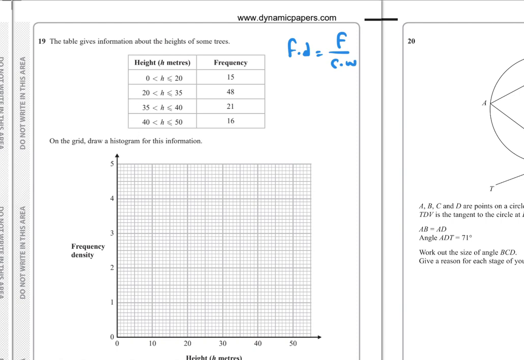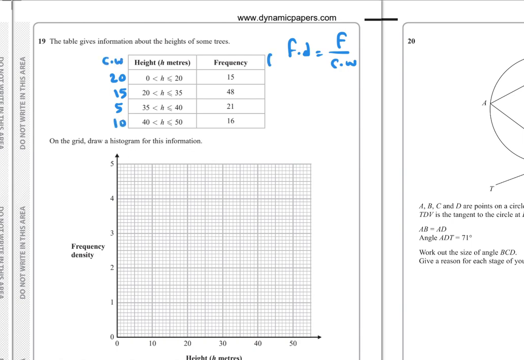Class width is the upper limit minus the lower limit, so 20 minus 0 is 20 for the first group, then 15 for the second, 5 for the third, and 10 for the fourth.